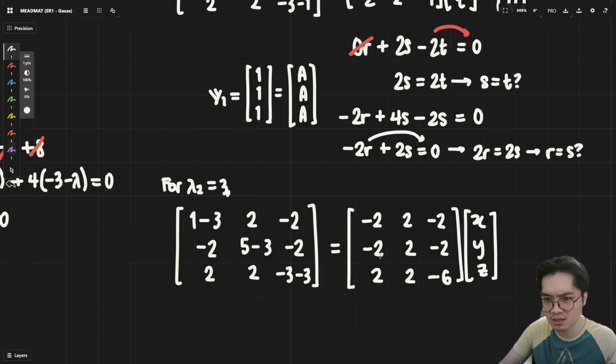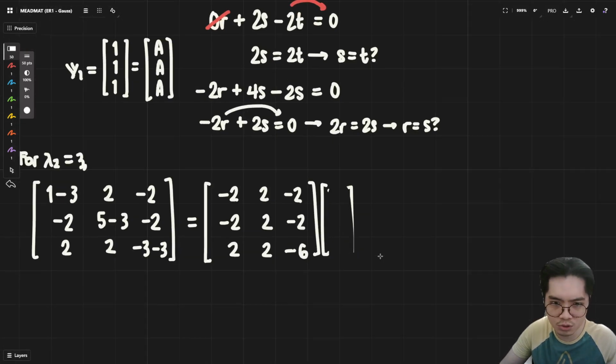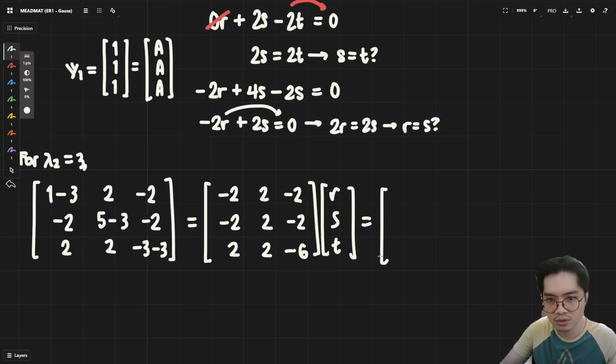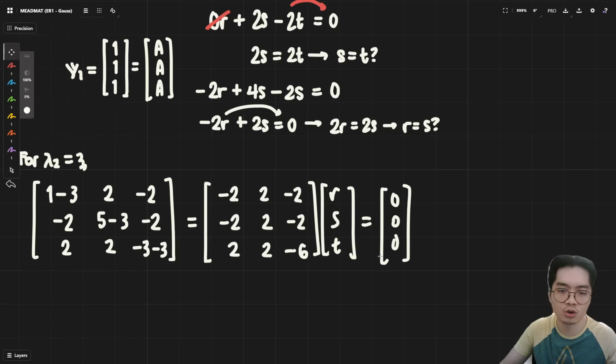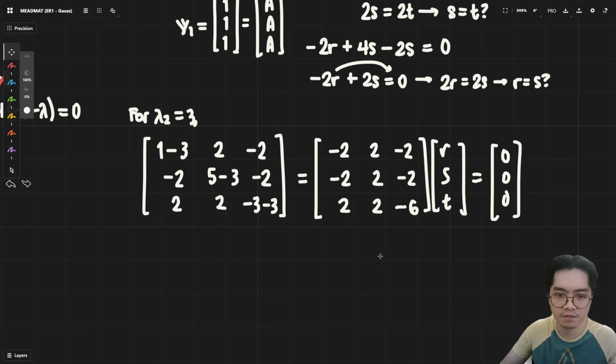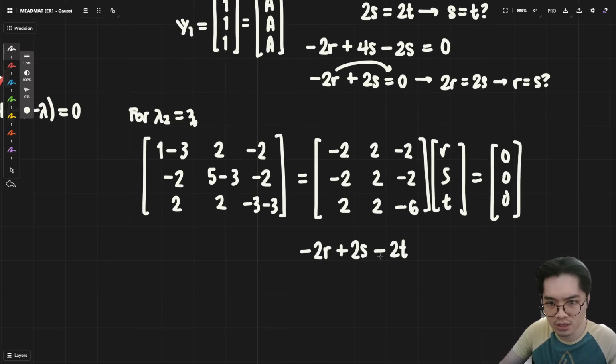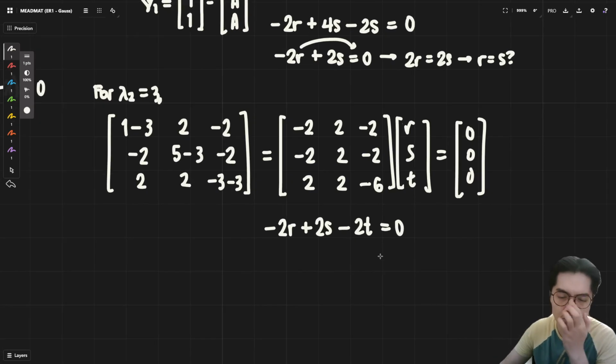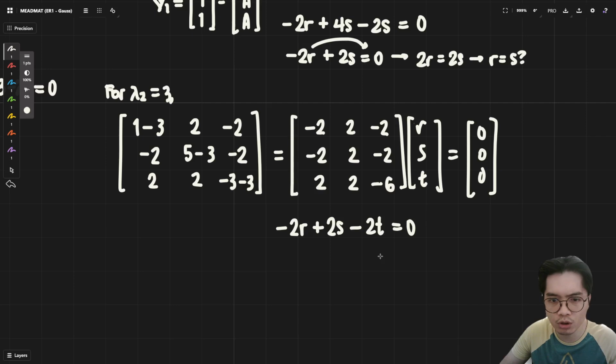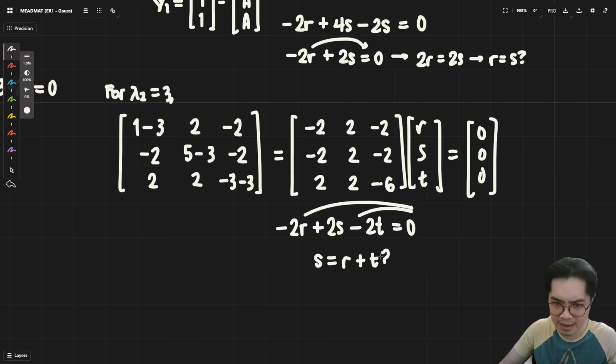X, Y, and Z, or rather, we are supposed to put R, S, and T, equal to 0. If we look at the first row, we will have negative 2R plus 2S minus 2T equal to 0. What's so interesting about this? If we remove all of our 2's and put the negatives to the other side, we will have S equal to R plus T. Okay, interesting.